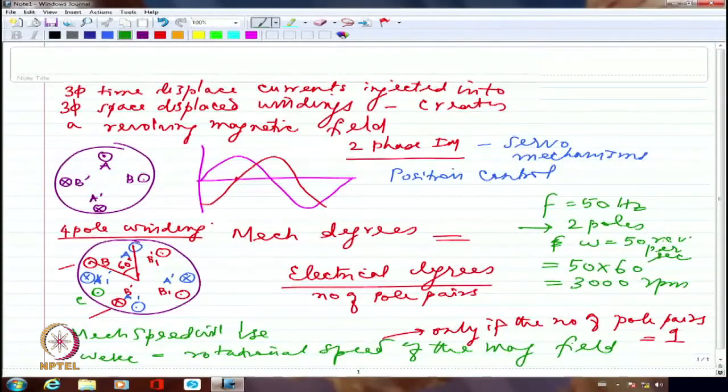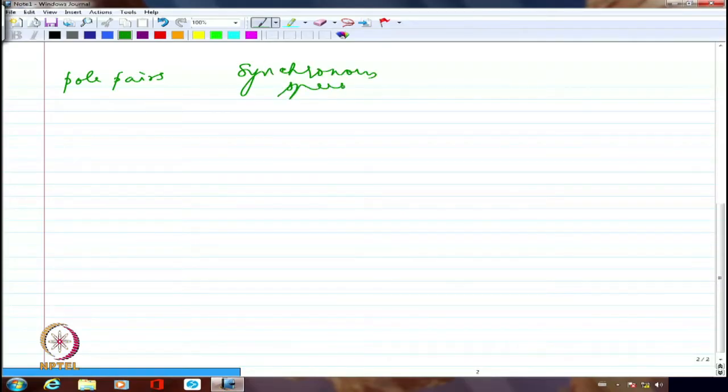So let me write pole pairs and synchronous speed for the frequency. So if I say frequency remains constant at 50 hertz, if I have 1 pole pair, I am going to get 3000 RPM.